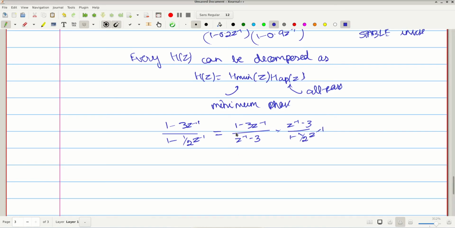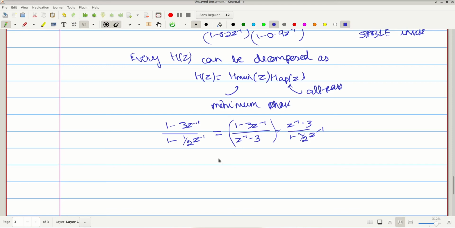Now notice that this particular part, (1 minus 3 z inverse) by (z inverse minus 3), is actually an all pass filter. Why? You can directly inspect the flipping of the coefficients, but even otherwise you can see that this has a pole at 1/3 and a 0 at 3. So this is definitely an all pass filter.